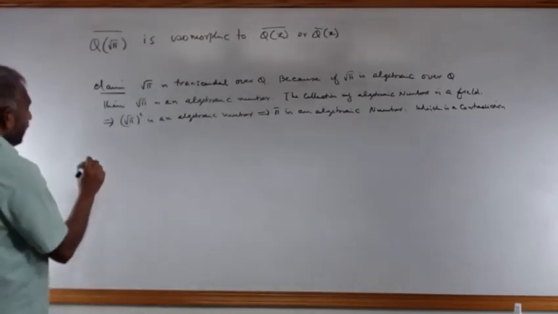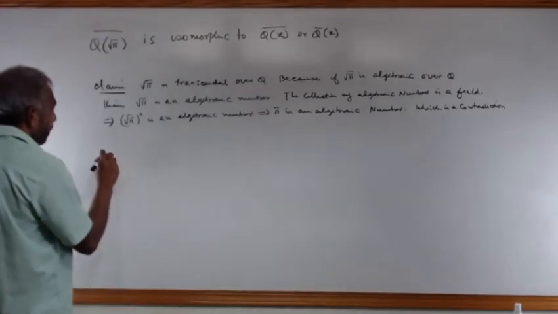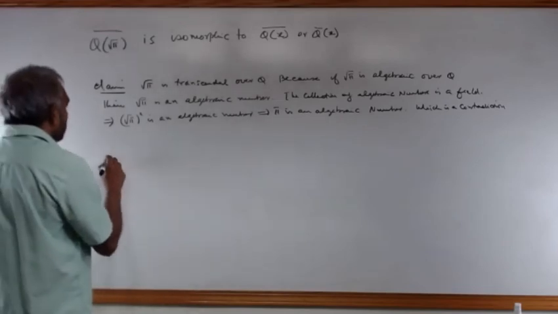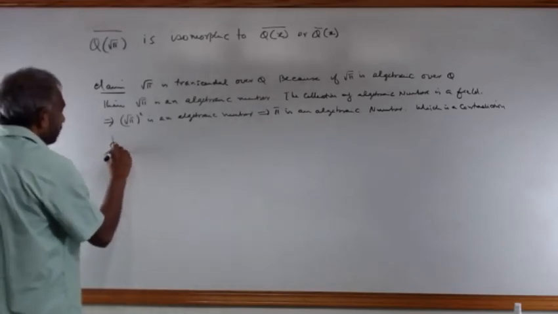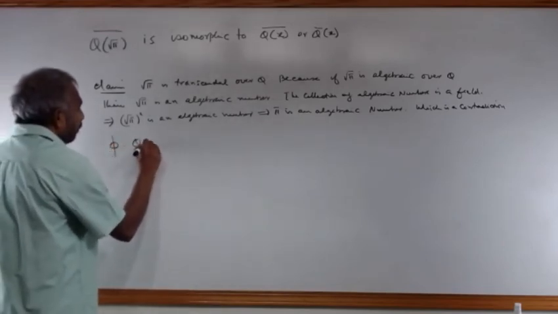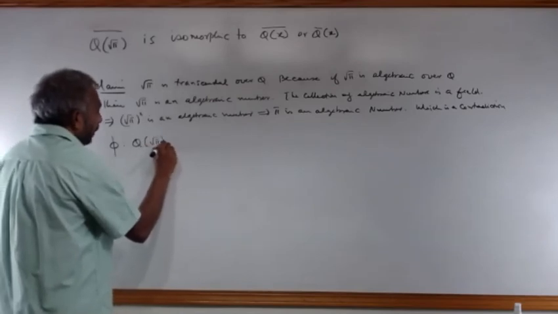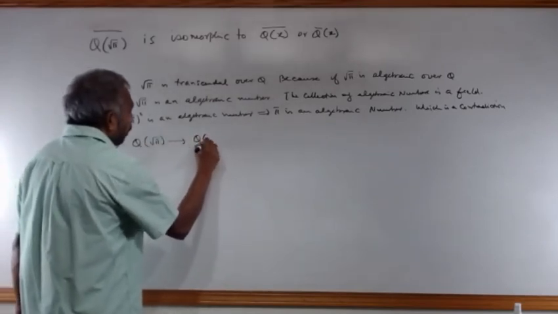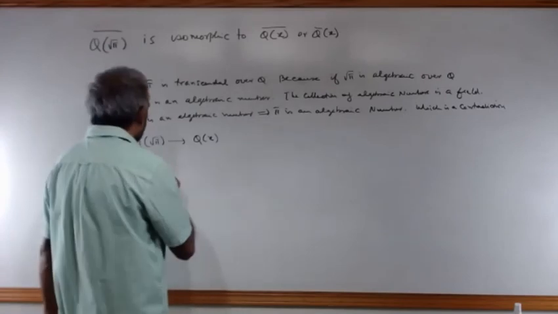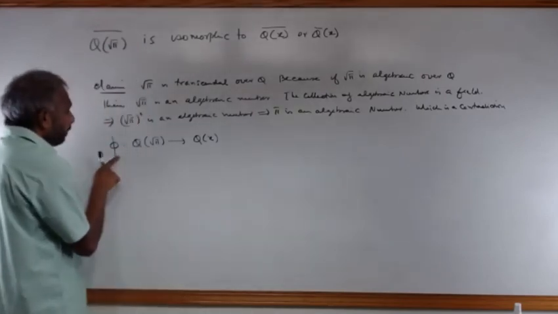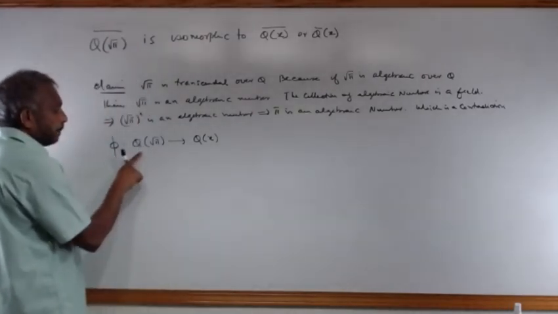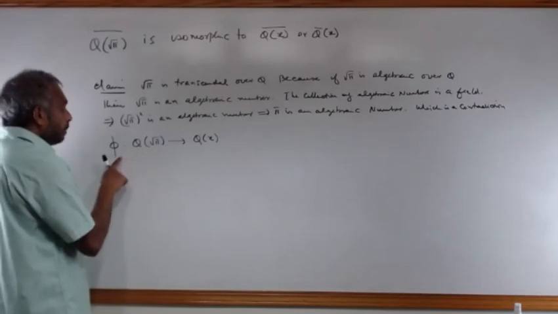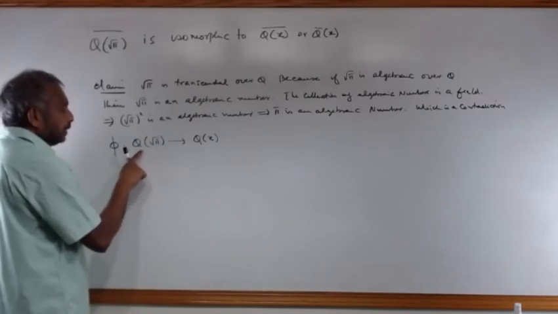So let us define a map from Q of root pi to Q of x. When you define a map, you can define the map by the generators.